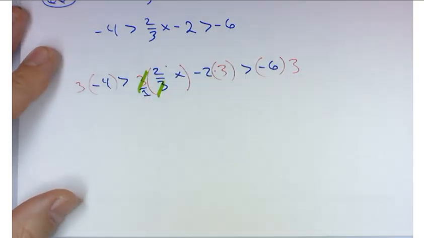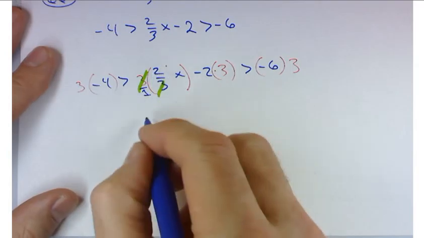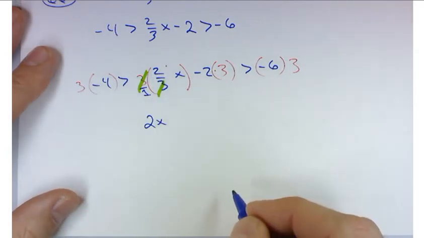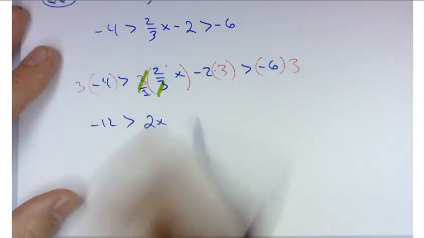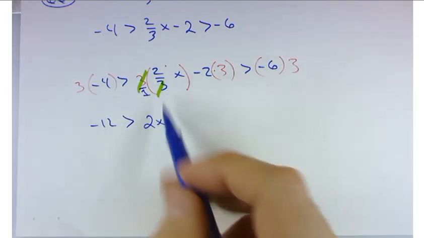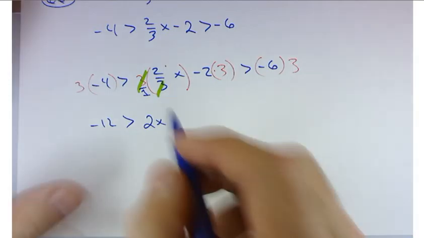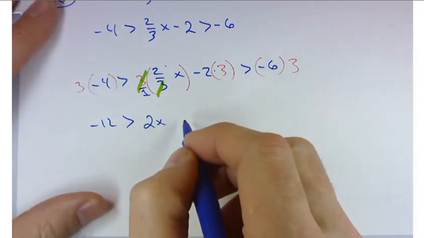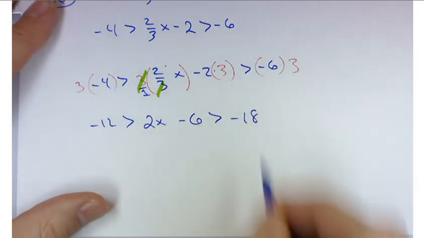Those cancel, and it leaves me with 2x. You can think of it as 6 over 3, and 6 over 3 simplifies to 2. So negative 12 is greater than 2x minus 6 is greater than negative 18.